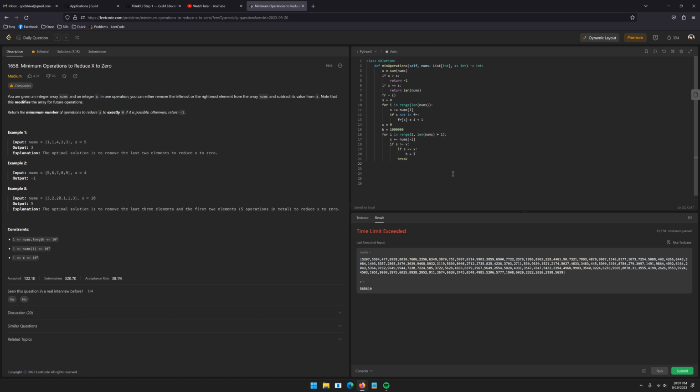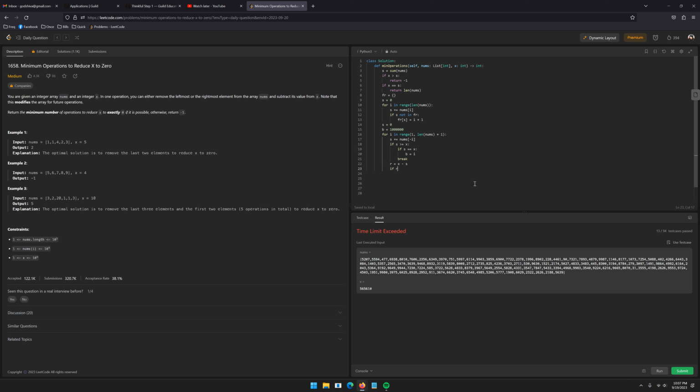So that means that we're not going to use any from the other direction. Otherwise, we're going to have some left over. So remaining value is going to be x minus s.